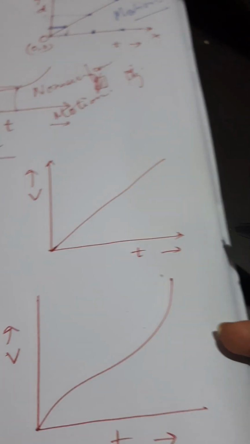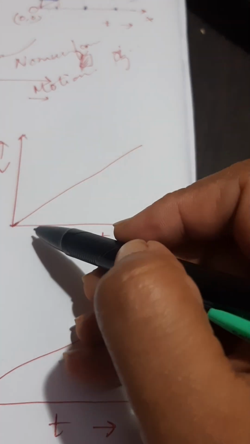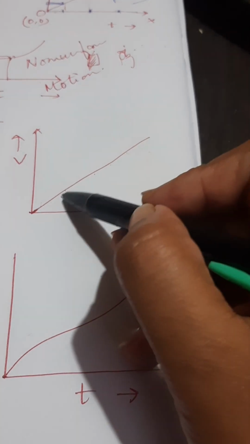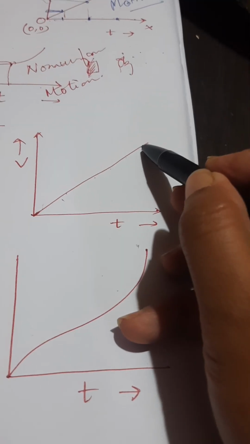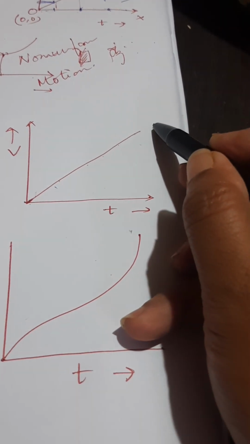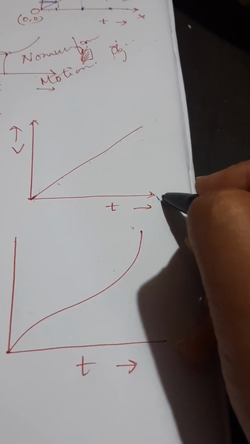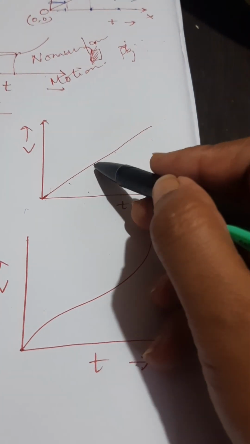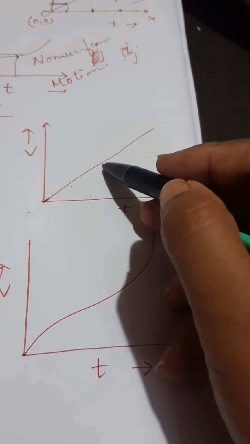Come to the next graph. You see, the object has a change in velocity, and it is increasing, and increasing in the same manner. That's why it's a straight line. Along the x-axis, when time is changing, velocity is also changing in the same manner. What does it suggest?